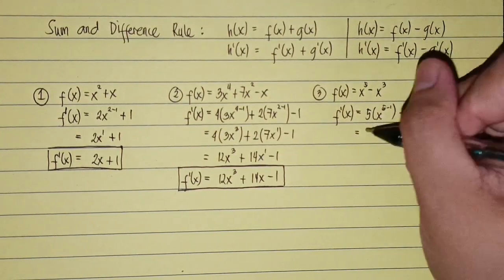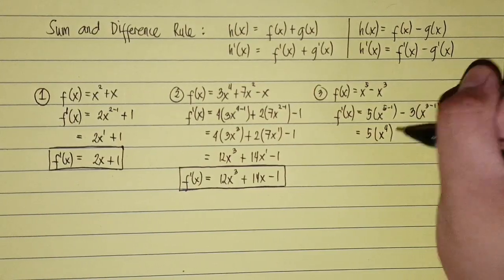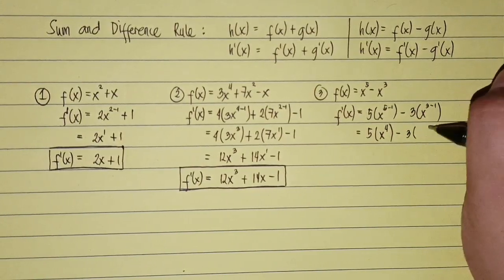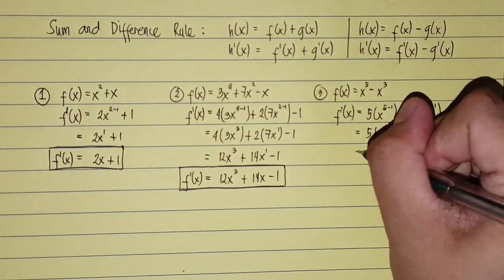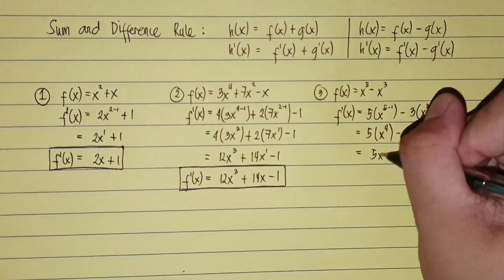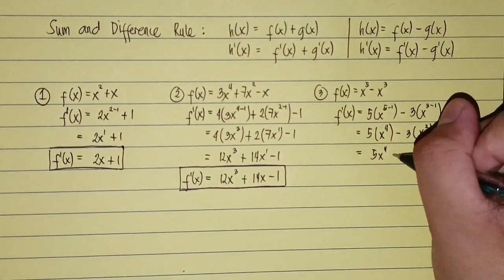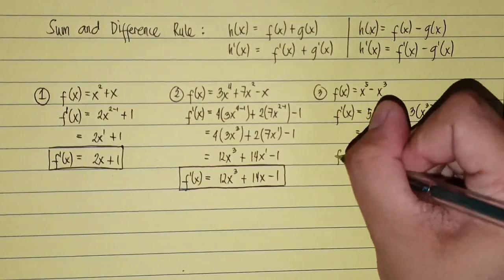And simplify, this will give us 5x, 5 minus 1 is equal to 4, and 3x, 3 minus 1 is equal to 2. Therefore, the derivative of the function is 5x to the power of 4 minus 3x squared.